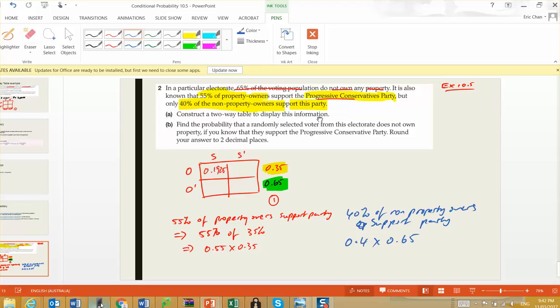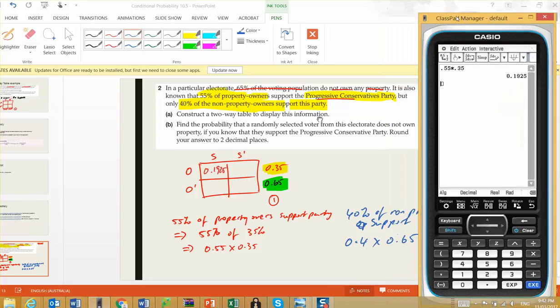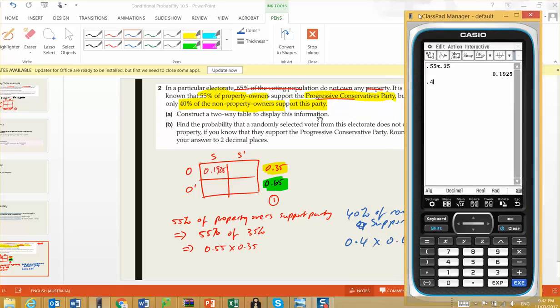So we again use a calculator: 0.4 times 0.65 gives me 0.26.